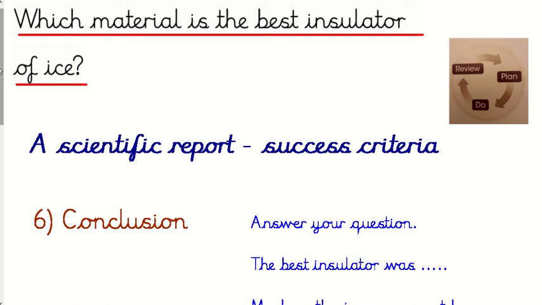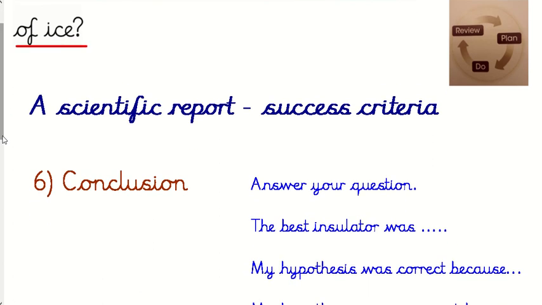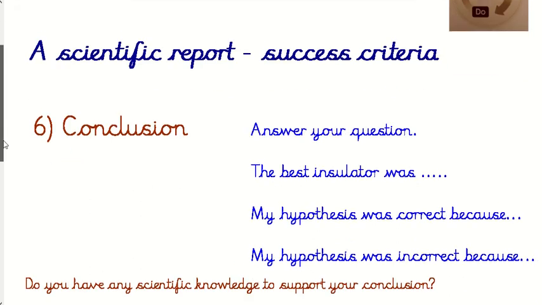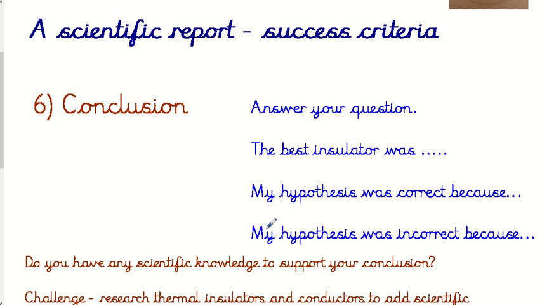Now, that can be as simple as a sentence which says, "The best insulator was." Or you might like to say, "My hypothesis was correct because." Or you might like to say, "My hypothesis was incorrect because." Pause the video now and write the first part of your conclusion.